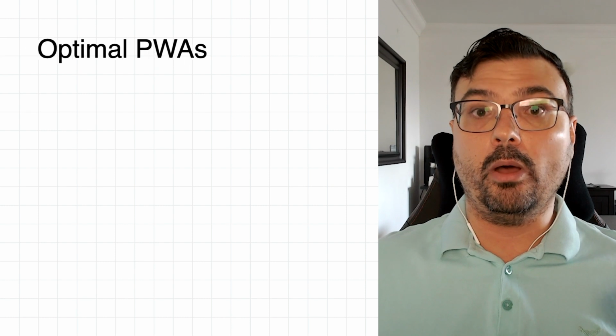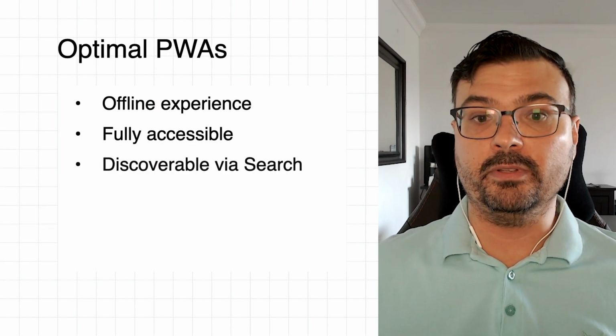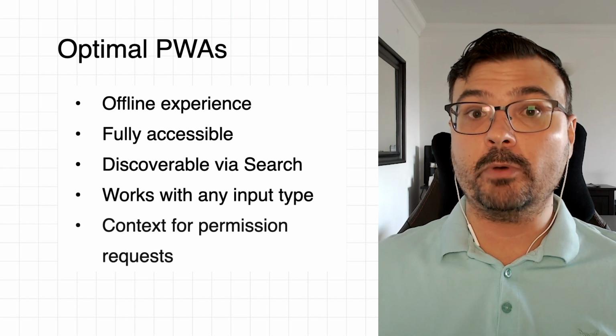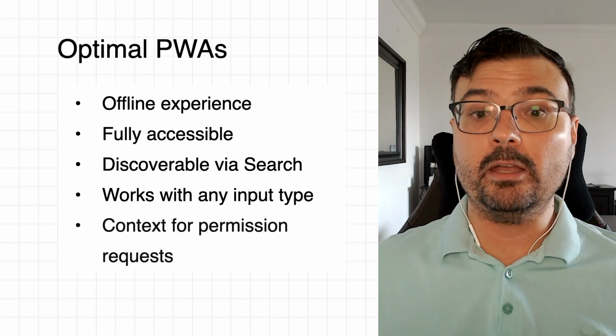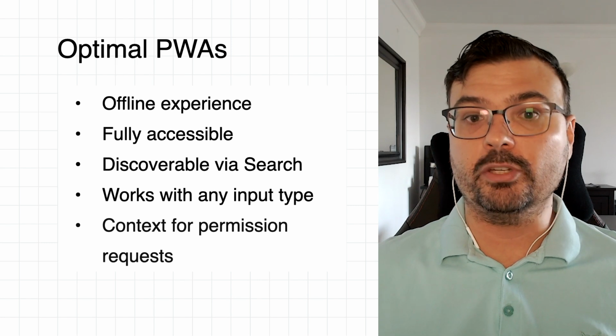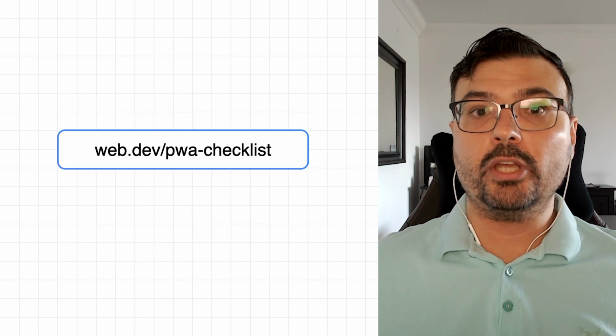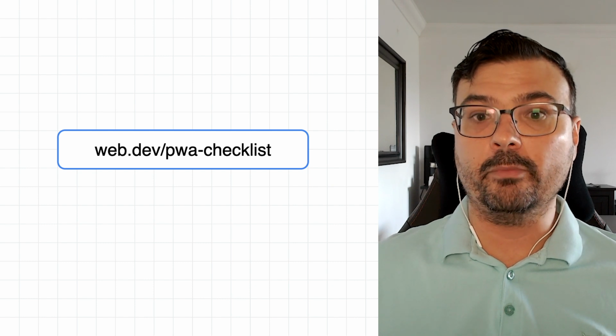Now, for an optimal experience, you should provide a full offline experience. It must be fully accessible and discoverable by search. It must work with any input type and provide context when requesting permissions. Check out web.dev/pwa-checklist for more in-depth information.